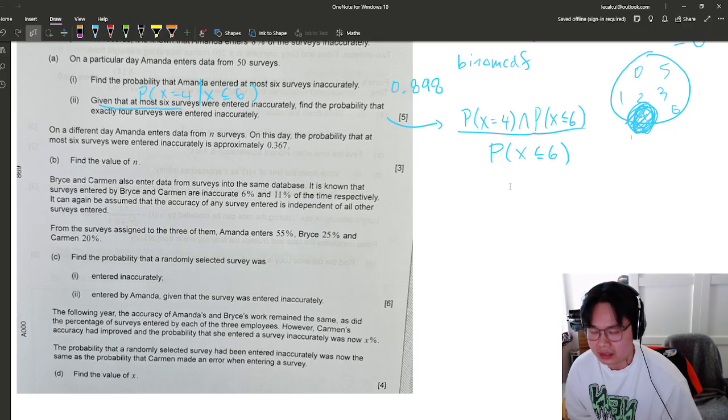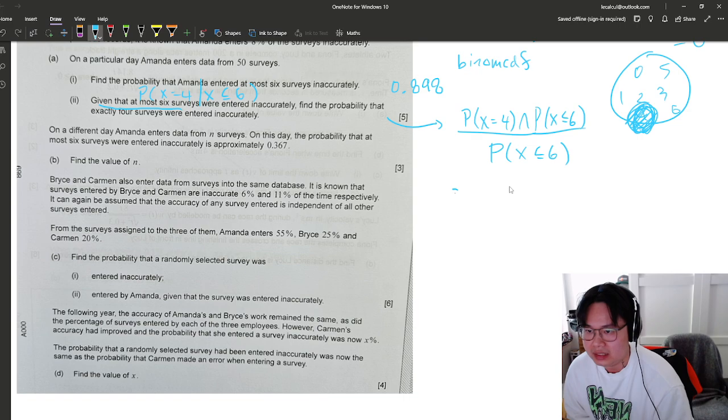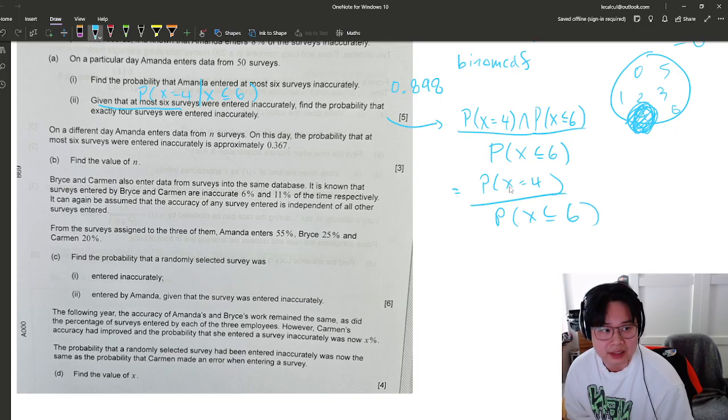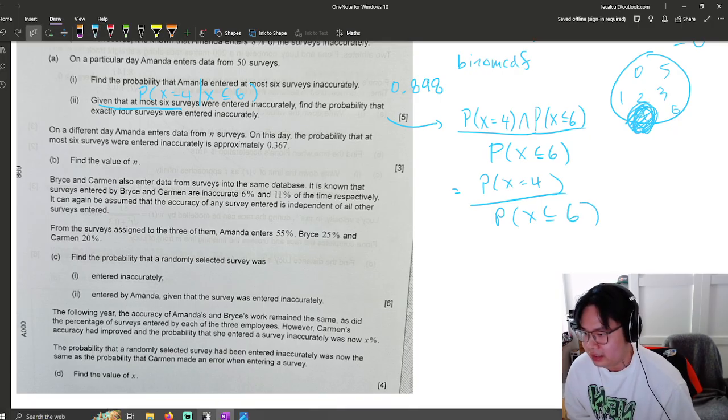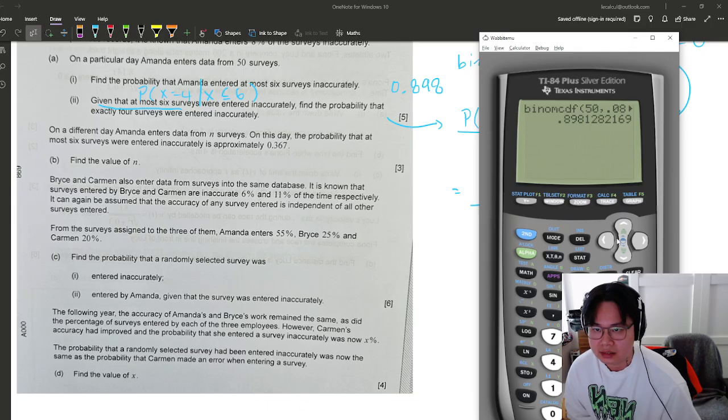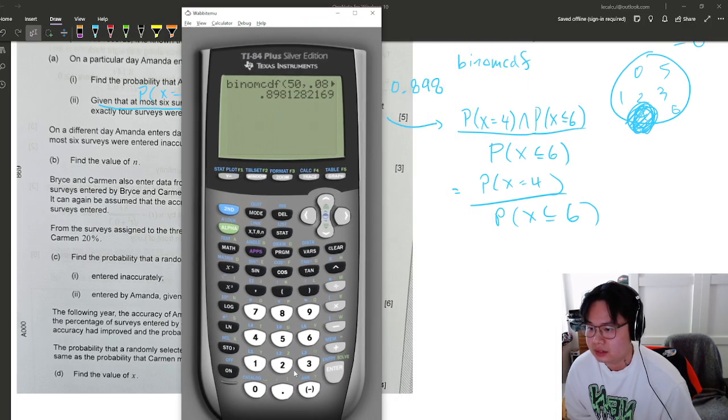Okay, so then this is P(X = 4) over P(X ≤ 6). Okay, so then we need to find the probability of her entering exactly 4 wrong.